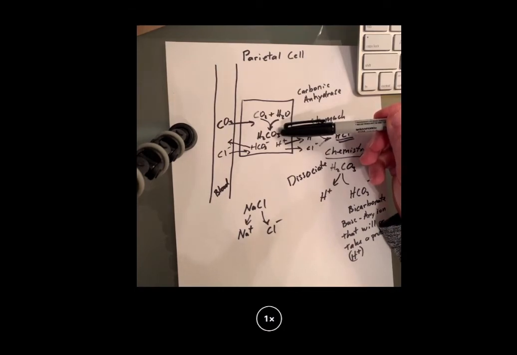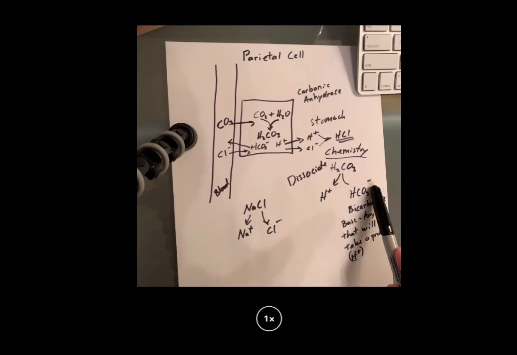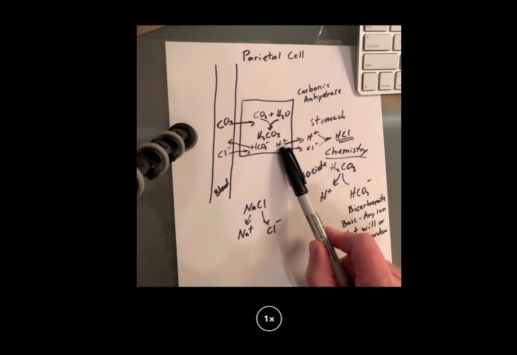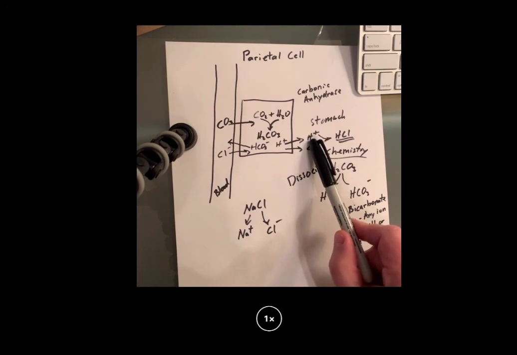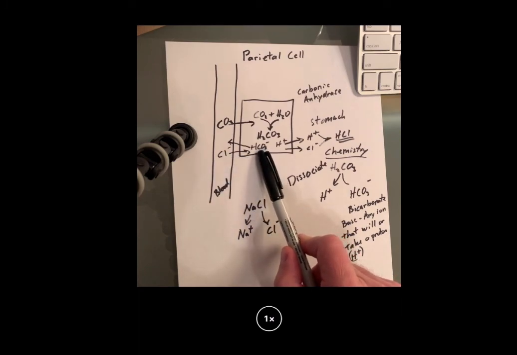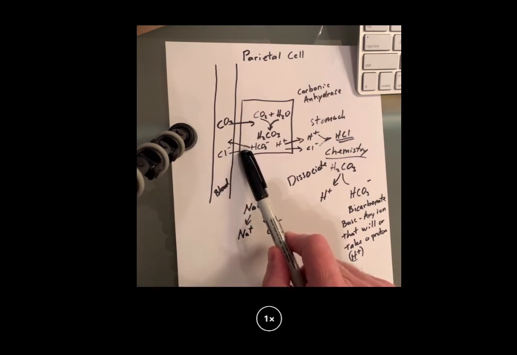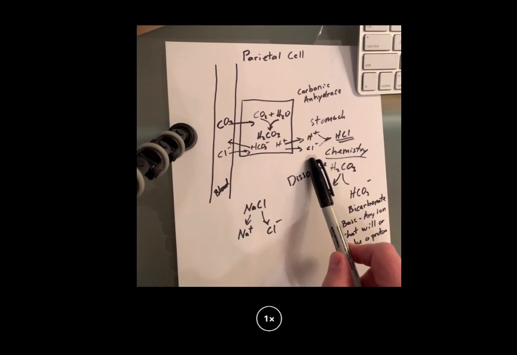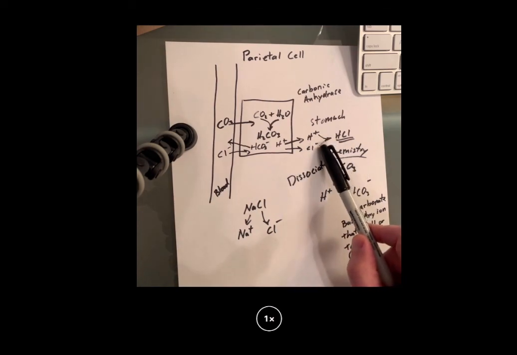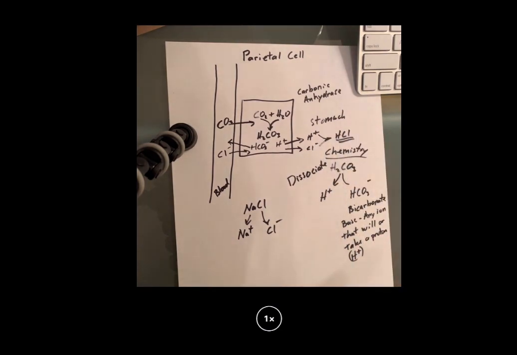The carbonic acid immediately dissociates into H plus and HCO3 negative, which is called bicarbonate. The H plus gets pumped into the stomach. The chlorine is exchanged for the HCO3 negative, the bicarbonate. It's exchanged, and the Cl negative is put into the stomach. And at that point, the hydrogen and the chlorine are put together to make hydrochloric acid.